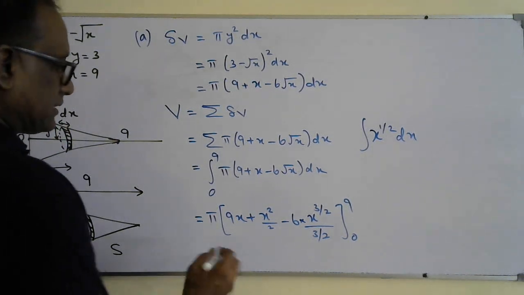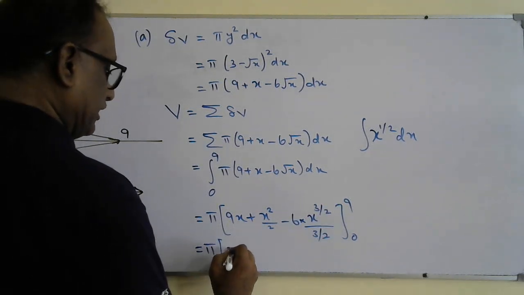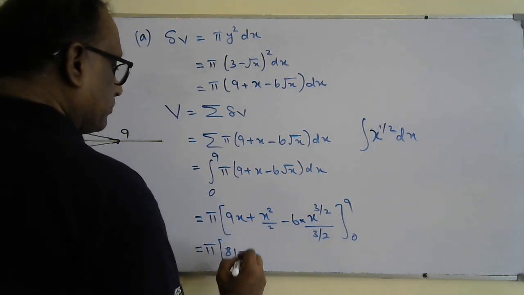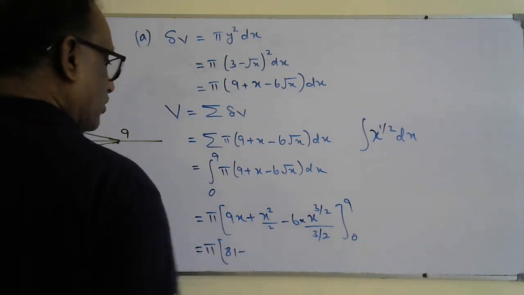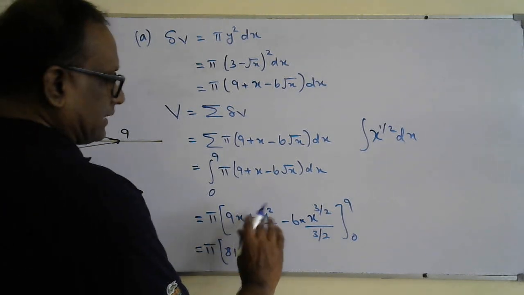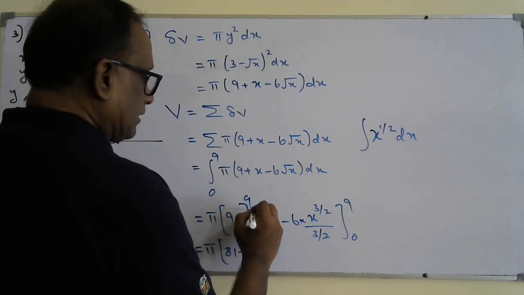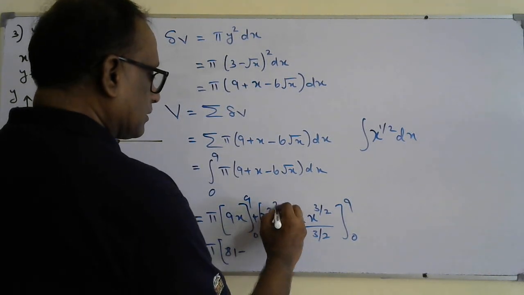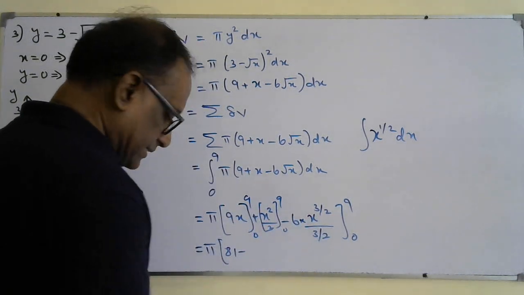Okay, solve it. Substitute pi, 9 into 9, 81. We can substitute the value 9 first, then 0, nothing wrong. Or we can substitute one by one. If you have confusion, do it step by step, 0 to 9 plus 0 to 9.